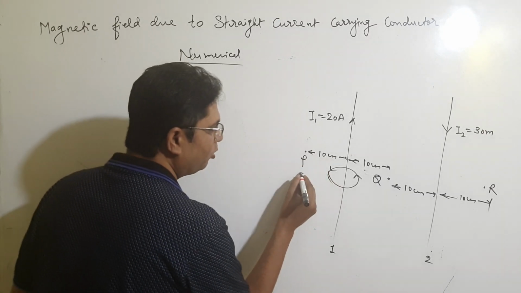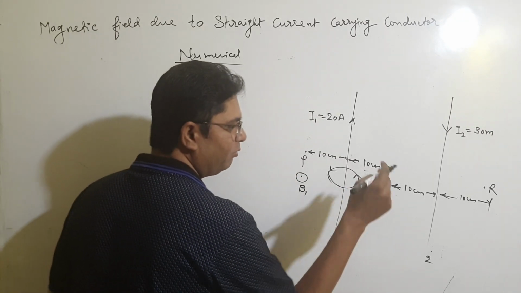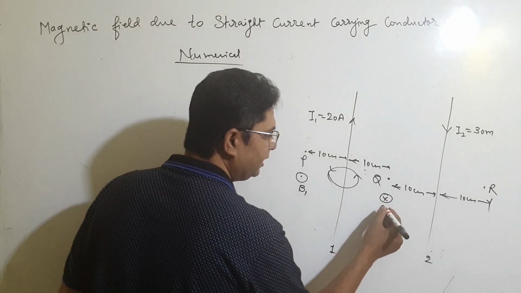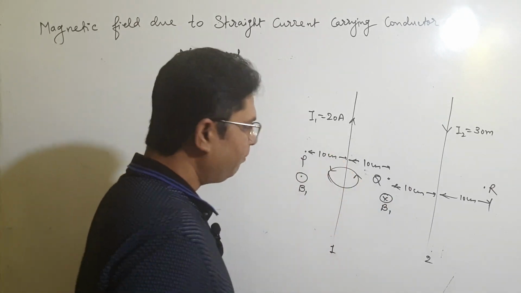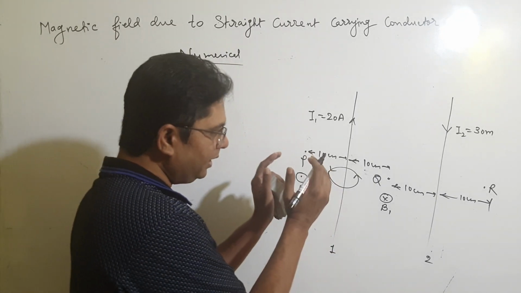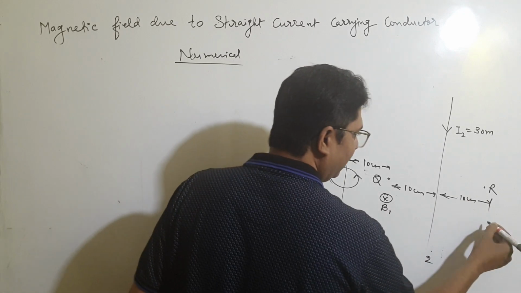So here we get a dot. This is B1. And here it will be inward, so we get a cross. This is B1 due to wire 1. Same, as this magnetic field advances in the radius, at this point again we get a cross, due to B1.